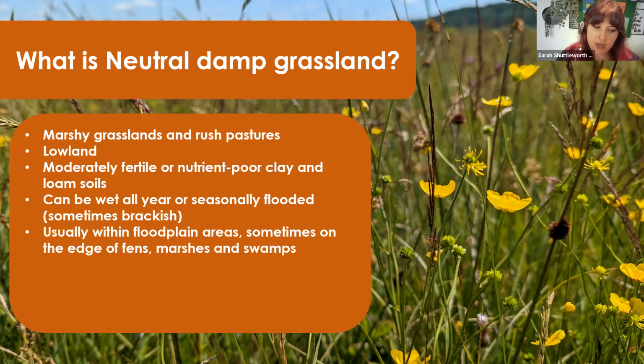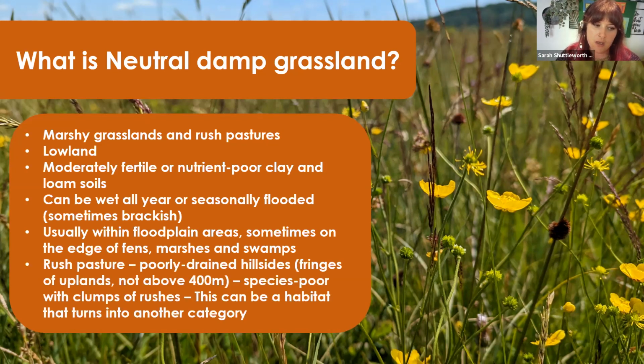It's usually within a floodplain area, or sometimes maybe even on the edge of another category, such as fens or marshes and swamps. So it could be on the periphery of that, but essentially it's going to have quite a lot of water content. Then, as I mentioned, we've got rush pasture, which is essentially poorly drained hillsides, but obviously we're not talking about the uplands above 400 meters.